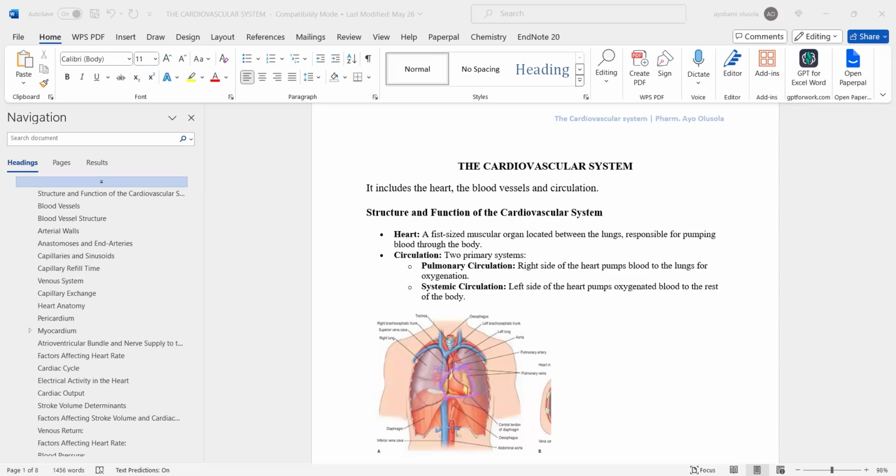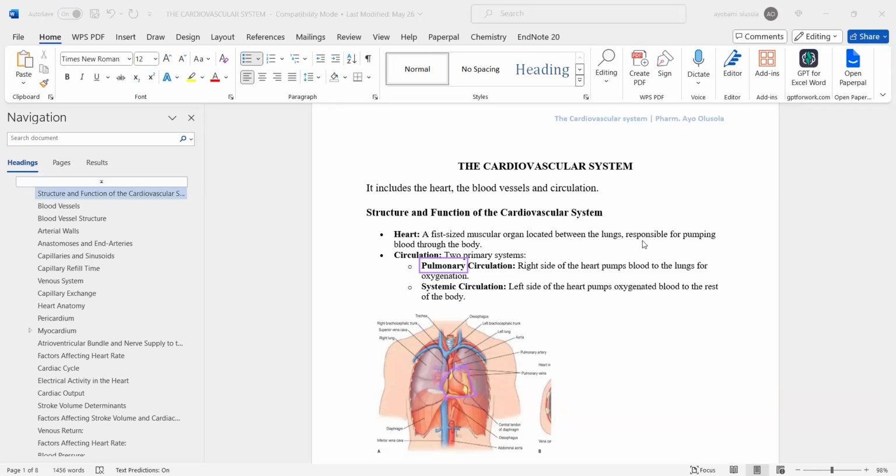That's what it does. So for the circulation, there are two kinds of circulation. We have the pulmonary circulation and we have the systemic circulation. I believe by now you know that the word pulmonary refers to lung.